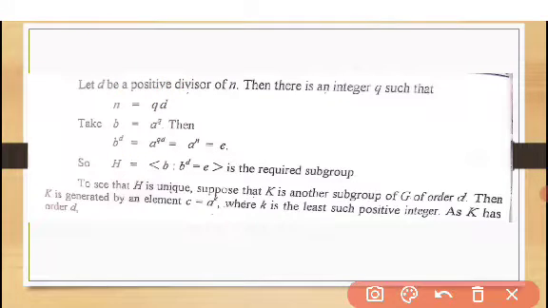So A raised to power n gives us identity, because there are n elements in G, and the number of whole elements gives us the identity. So B raised to power D is equal to identity.